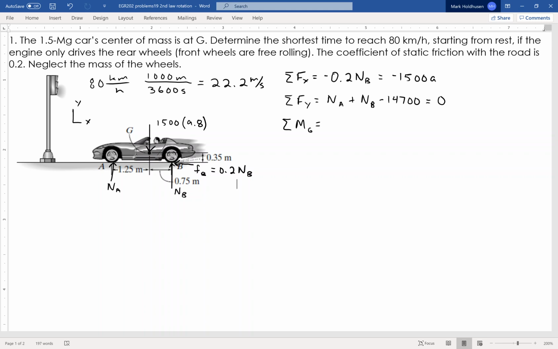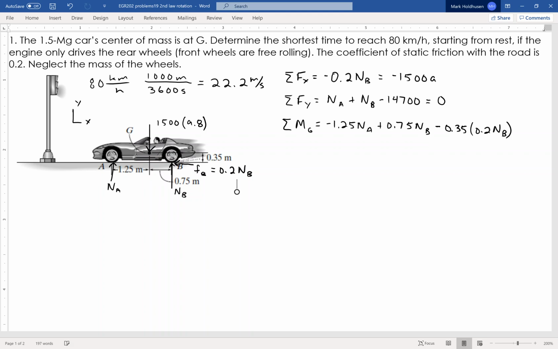So I have NA creating a negative moment, so that'll be 1.25 times NA. I've got NB creating a positive moment, so that's going to be 0.75 NB. And then I've got the friction force also creating a negative moment. That's going to be 0.35 times 0.2 NB.